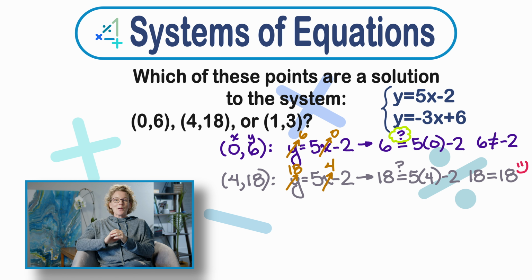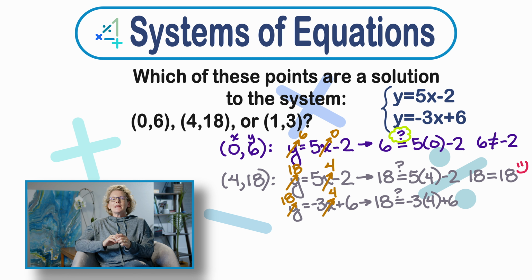That's great news, but it also means we must check the other equation of y equals negative 3x plus 6. 18 equals negative 3 times 4 plus 6. Negative 3 times 4 equals negative 12. Does 18 equal negative 12 plus 6? Nope. 18 does not equal negative 6. Bummer. It means we're not done yet.